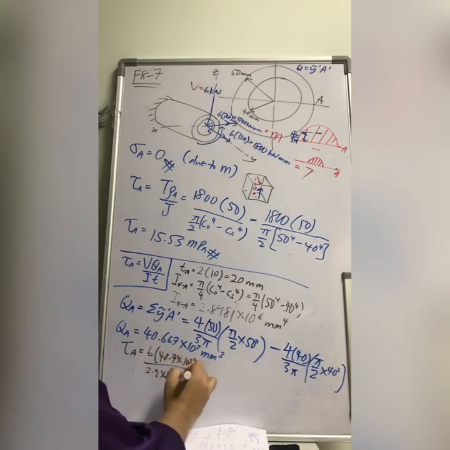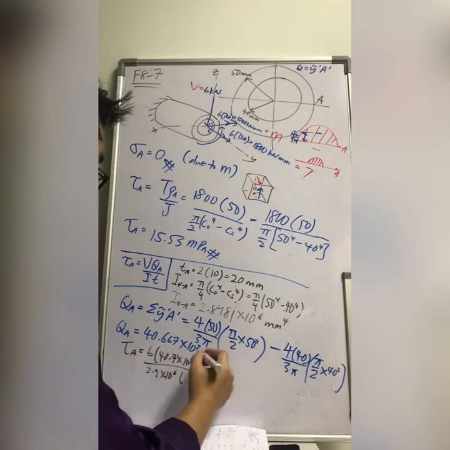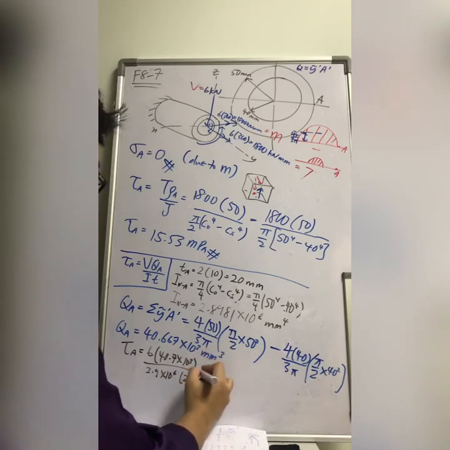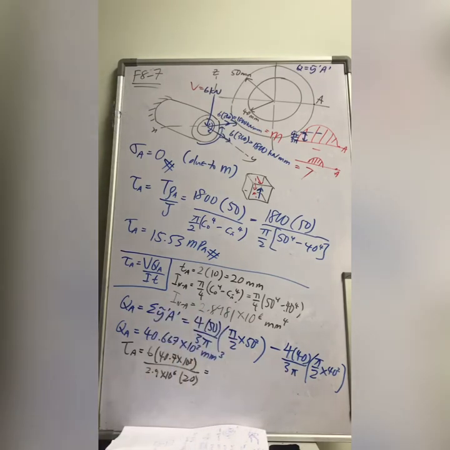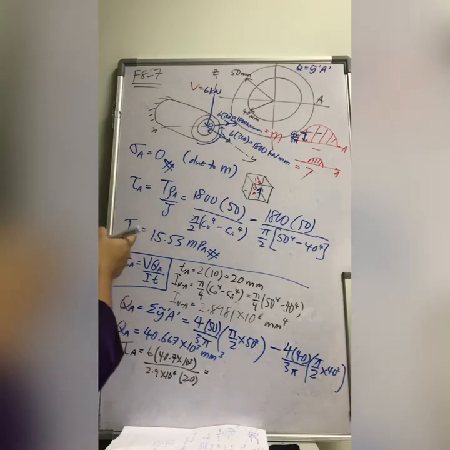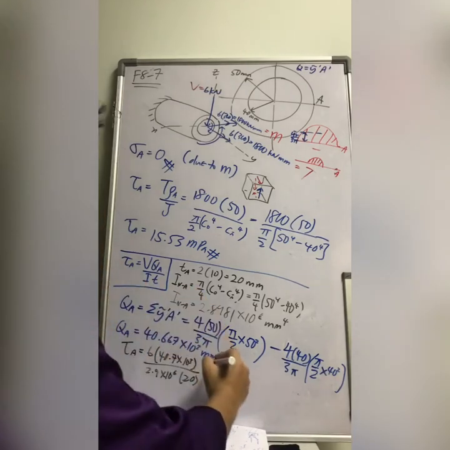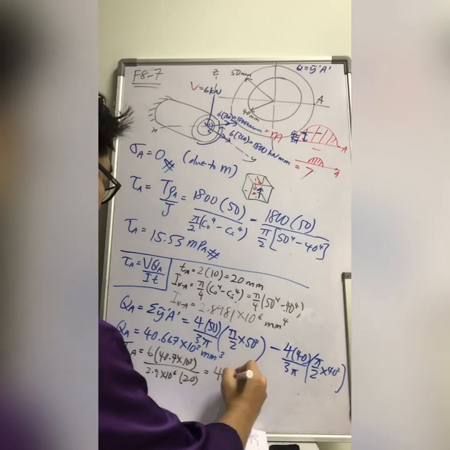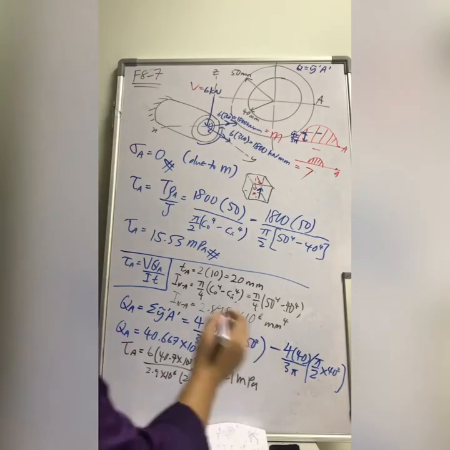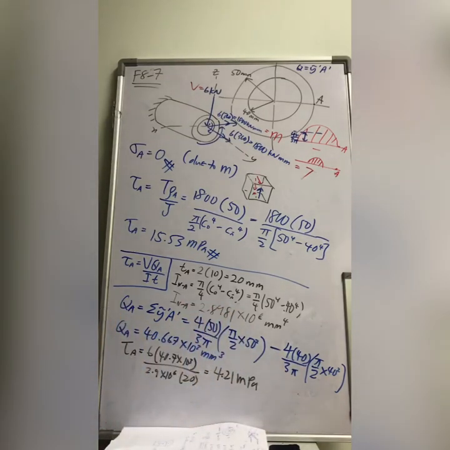Again, put more decimals, the most decimals in your calculation, and t is 20. And you hit the calculator, you will find your tau A due to V. Okay, this is tau A due to T. Okay, this is tau A due to V. So this tau A is 4.21 megapascal.